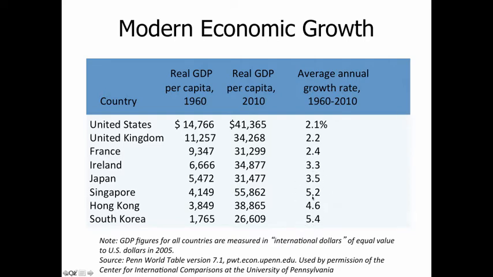This is the catching up effect. And you can see their real GDP per capita has significantly caught up with certainly France and the UK over that period of time. And when you look at Singapore, it's even surpassed everybody, surpassed even the United States with a 4.6% annual growth rate over that 50-year period.